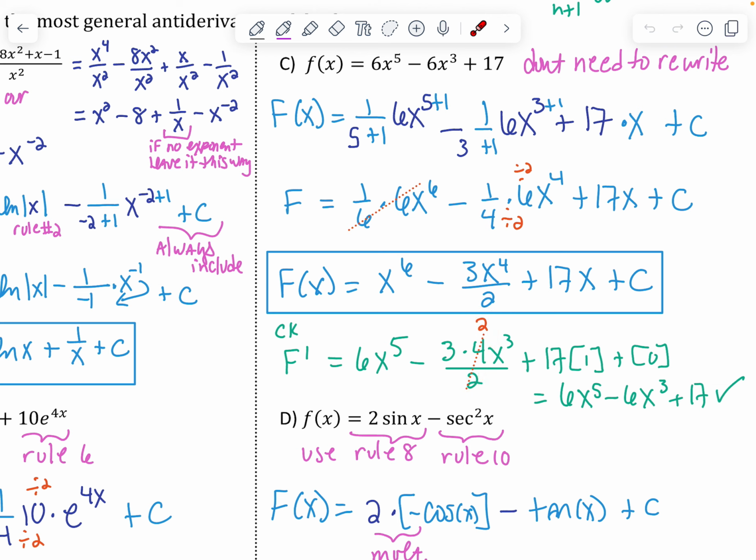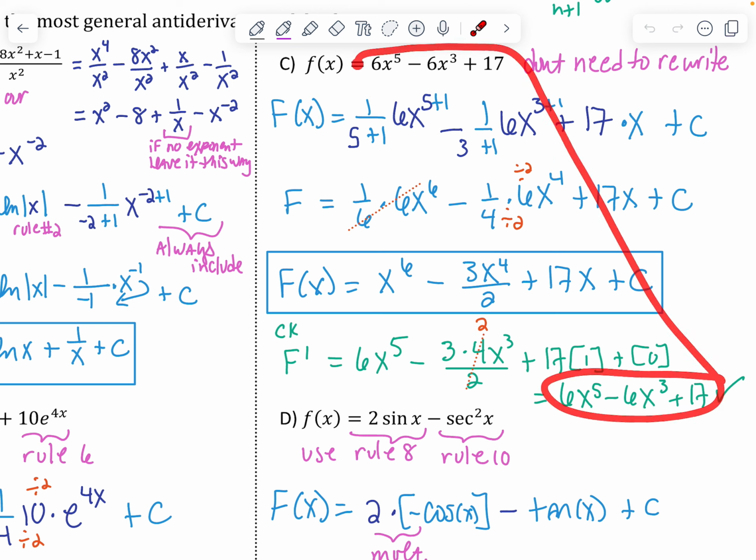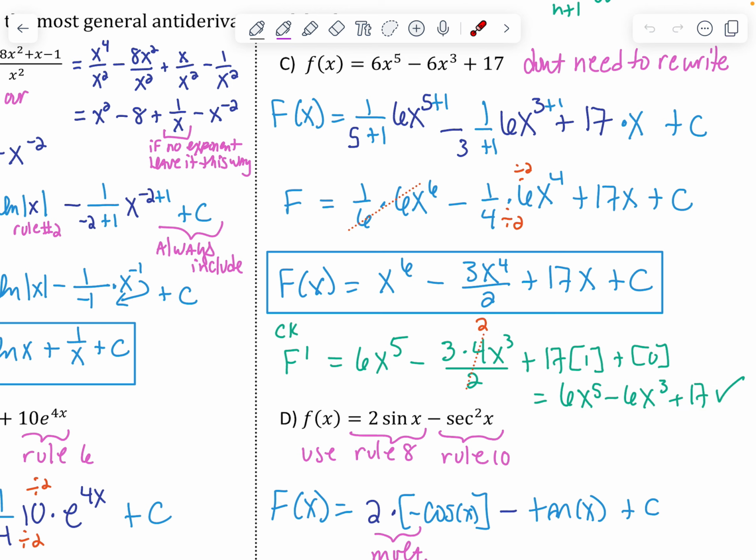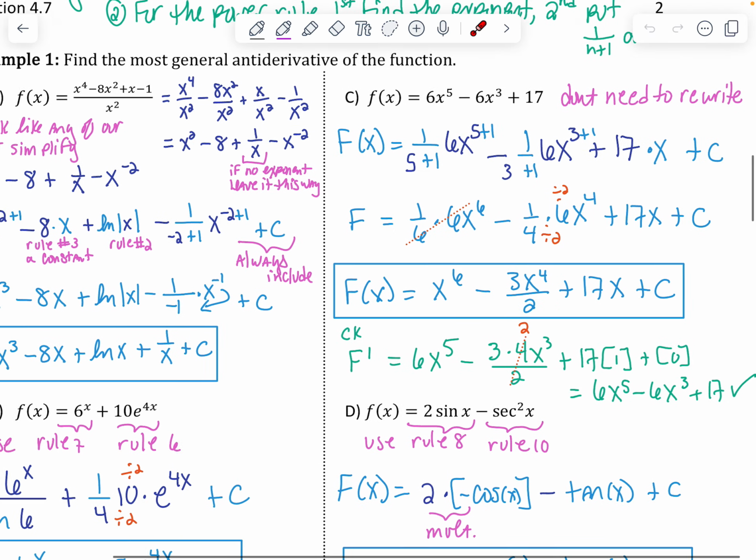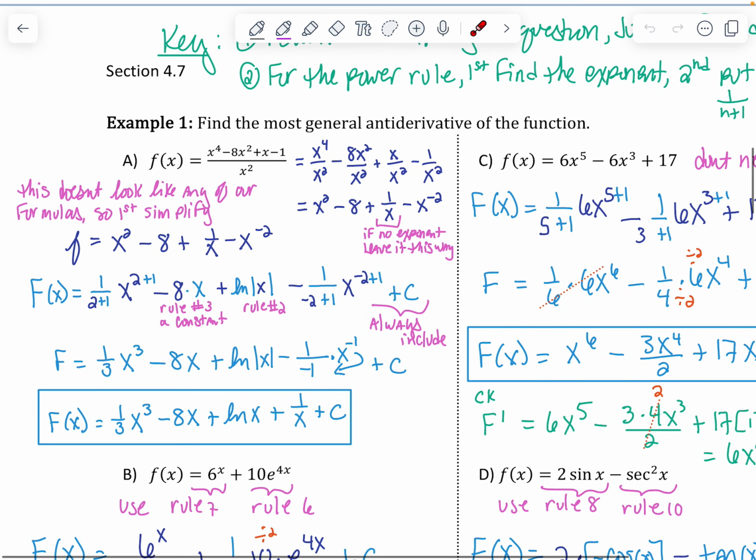And of course, I can simplify the 2 in the denominator with the 2 in the numerator. 17x becomes just 17. And plus c, well, it's a constant, so the derivative is 0. So I've got my 6x to the 5th minus 6x cubed plus 17. Notice that this is the question, so I checked my answer.